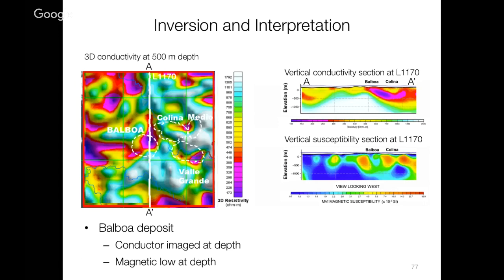So the saprolitic layer is up here, and then there's this large conductor that's going there. And also the magnetic susceptibility has this sort of low value in here, so that coincides with this high conductivity. So high conductivity, low susceptibility, starting to look very favorable.